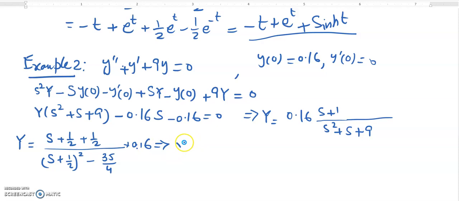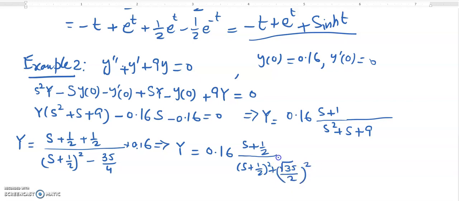So similarly we can write Y is equal to 0.16 into s plus 1 by 2 over s plus 1 by 2 square plus under root 35 by 2 square.